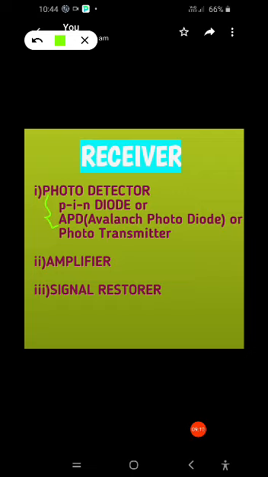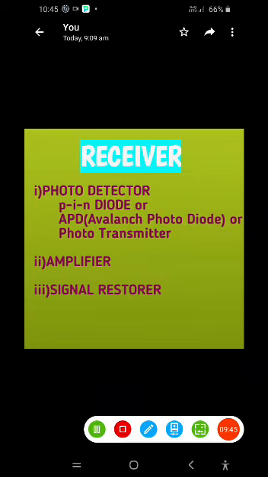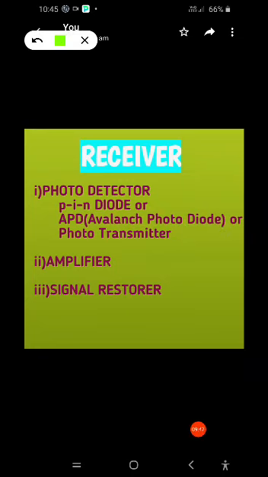Or else we can use a phototransistor instead of the pin diode or avalanche photodiode for detection of the optical signal and conversion of the optical signal to an electrical signal. So in the photodetector we can use either a pin diode, an avalanche photodiode, or a phototransistor. That is regarding the photodetector.